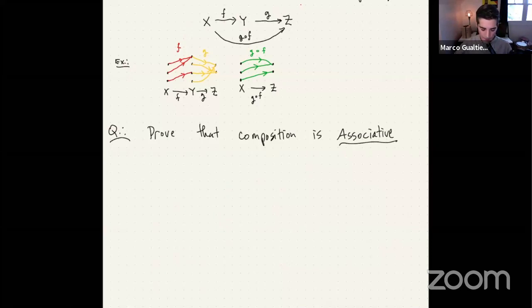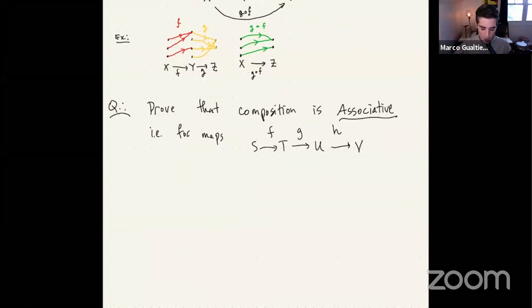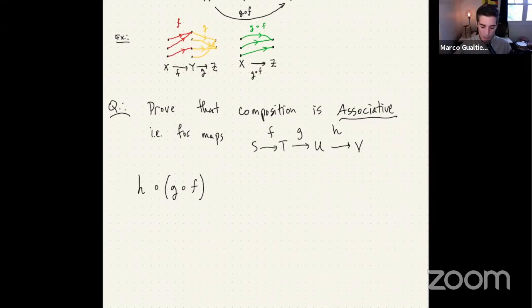Meaning that for maps like this, if I have 4 sets and F, G, and H are successive maps, what I want to show is that if I compose F and G first, and then compose with H, this is the same map as if I were to compose G and H first and compose that with F.